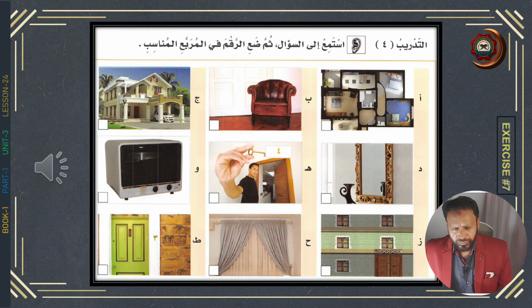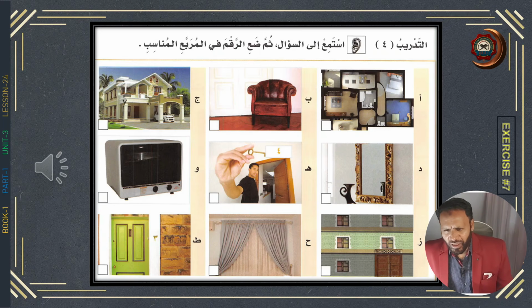1. Ma rakmu shakkatik? What is the number of your flat? Which photo? Second? What do you mean second? There are alphabets there.